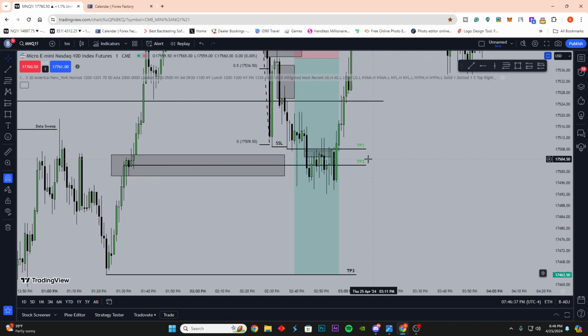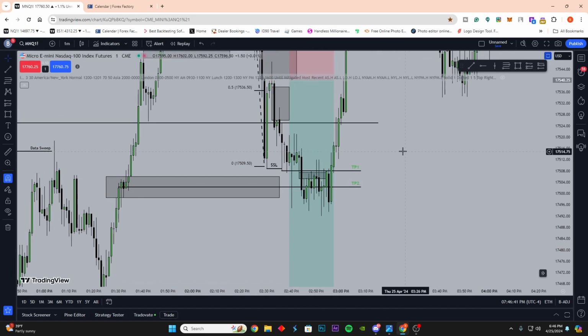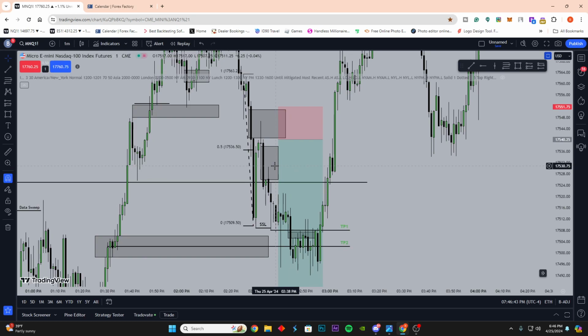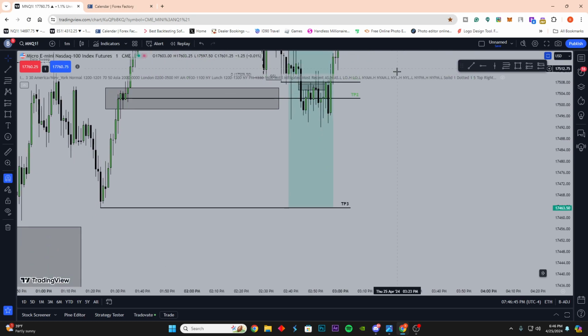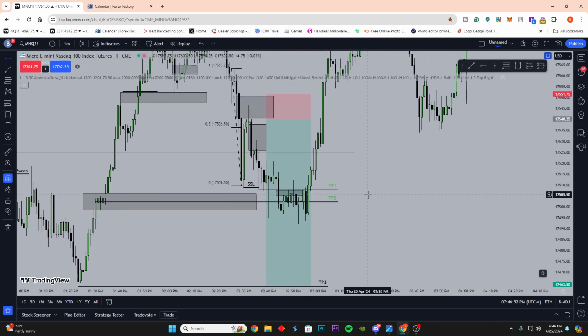But if we did, I was going to take 1 con off here. We ended up coming back down into it, took 1 con off. Then I moved my stop to above this high right here, and left just 1 con for down here, and was okay with anything happening after that.